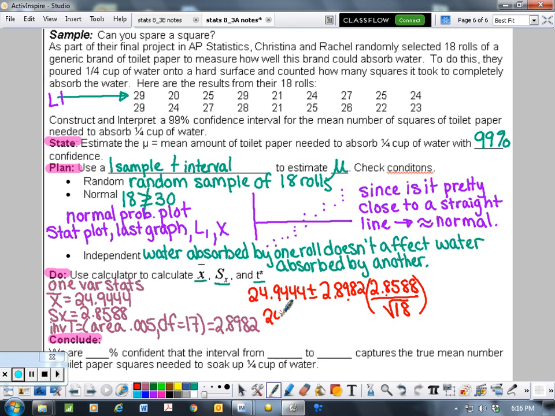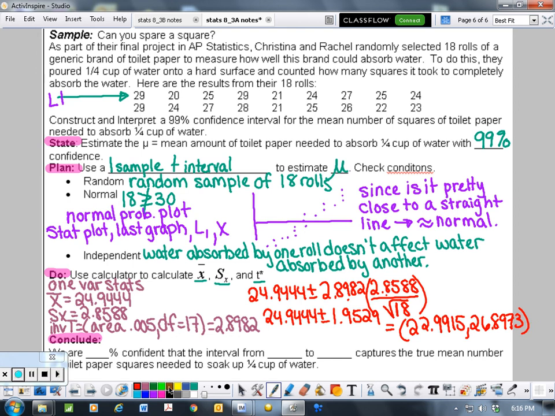We end up with 24.9444 plus or minus 1.9529. When I subtract the 1.95 from the 24.9, we end up with 22.9915. Then I add it to my point estimate, so now I get 26.8973. So there's my interval.